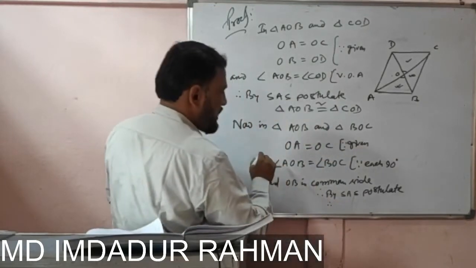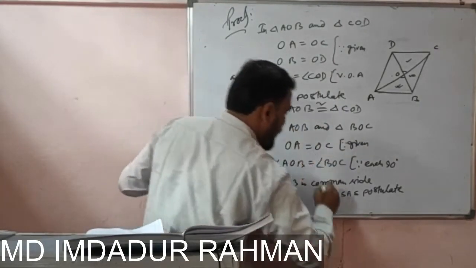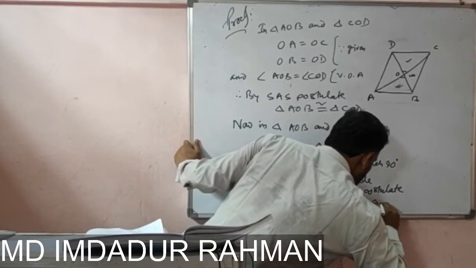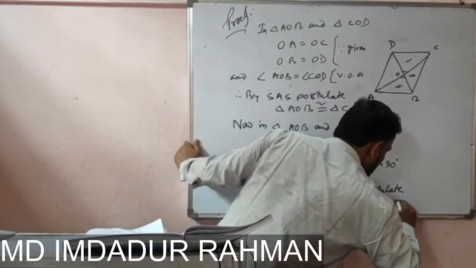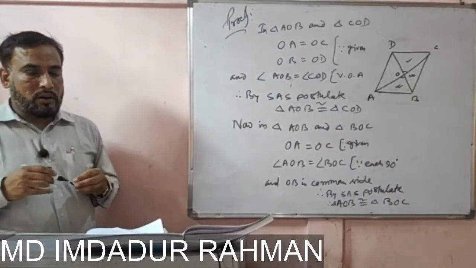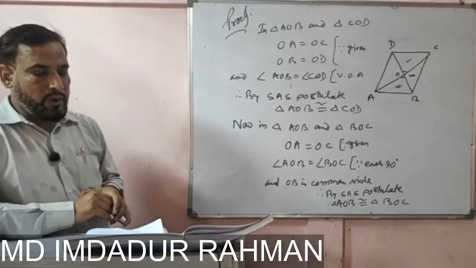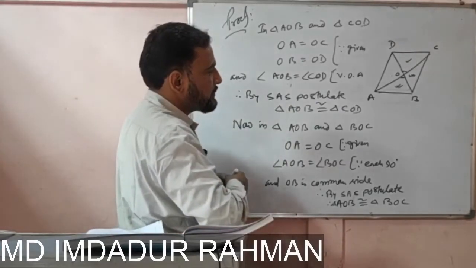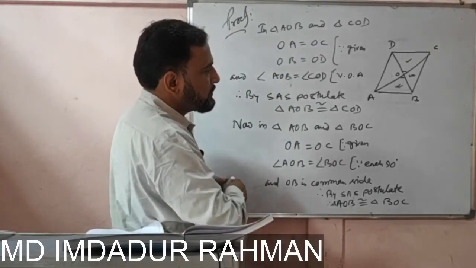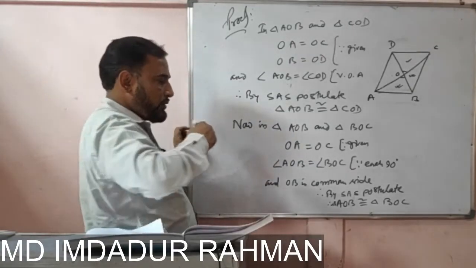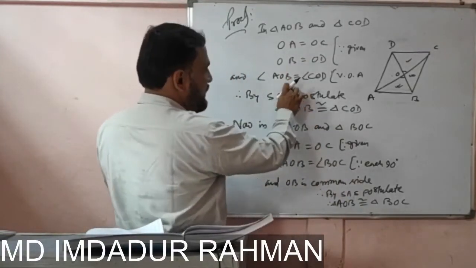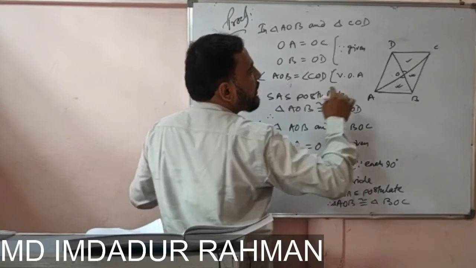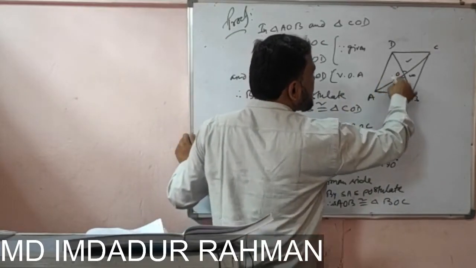triangle AOB is congruent to triangle BOC. So here, what can you say? Here remains something. After showing the triangles congruent, we have used these two triangles.